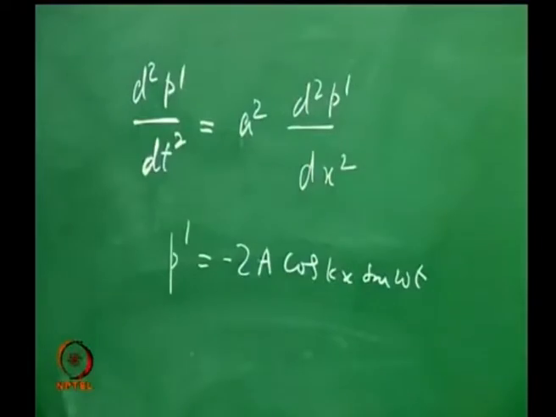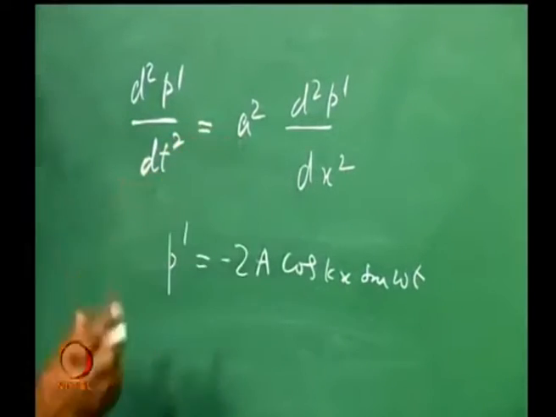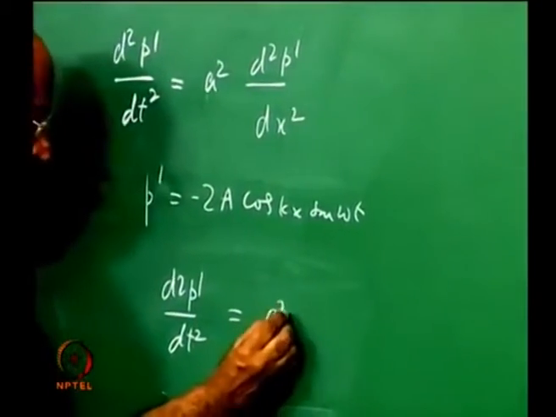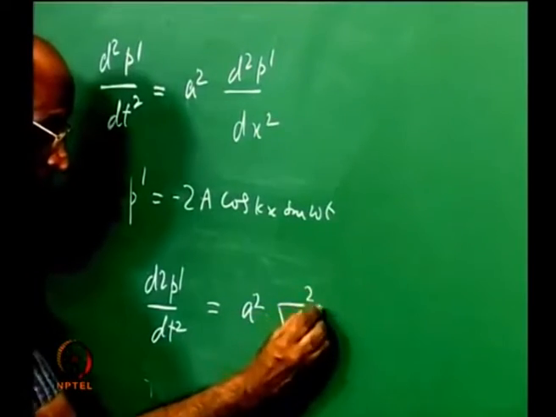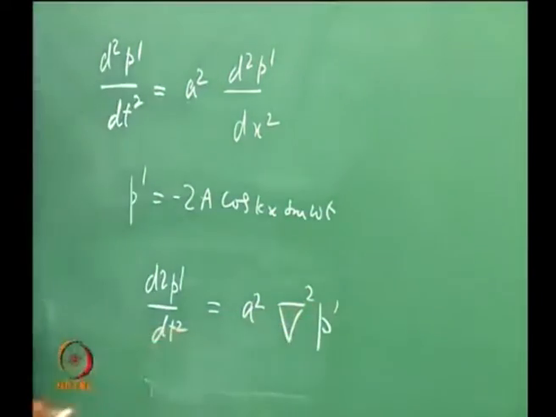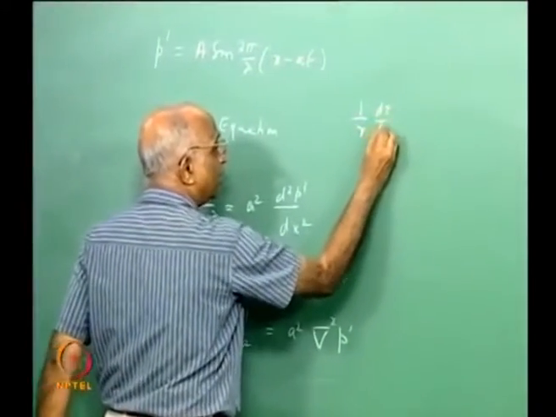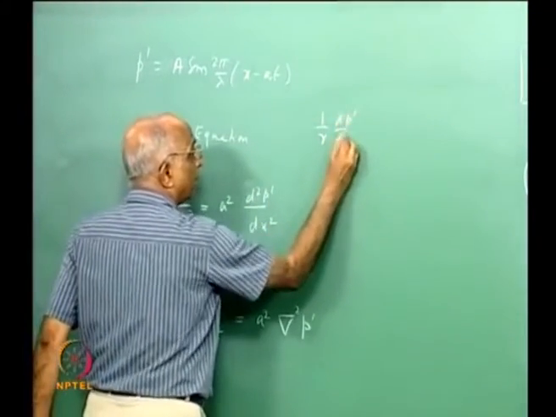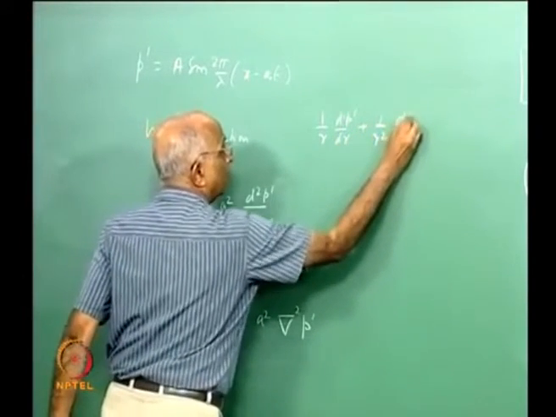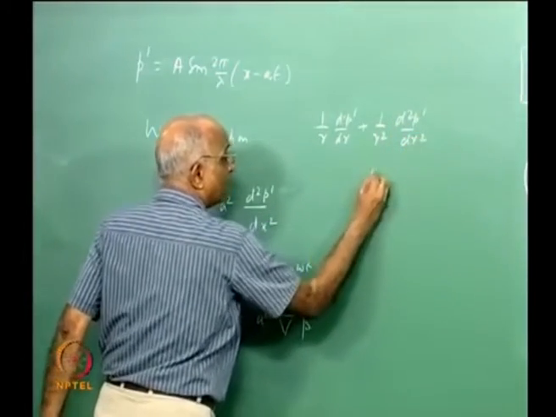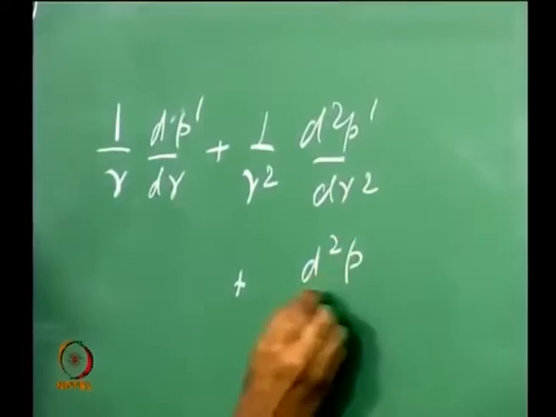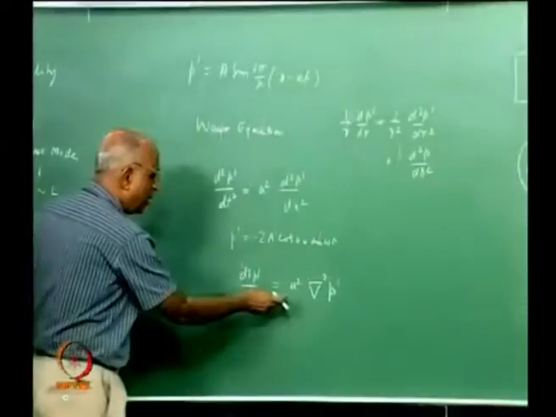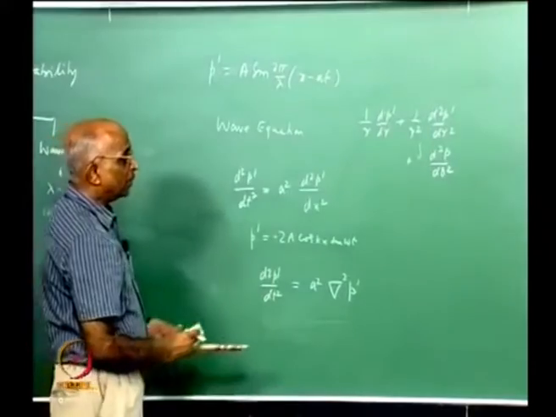Well, this is my wave equation, but if it is going to be in the other directions, I have to change this equation to read d squared p prime by dt square is equal to a square into nabla squared p prime, where nabla squared, if it is cylindrical, is equal to 1 over r d by dr of r into dp prime by dr, plus 1 over r squared into d squared p prime by d theta square, and therefore it becomes a little more complicated, but I can readily solve it using the method of separation of variables.